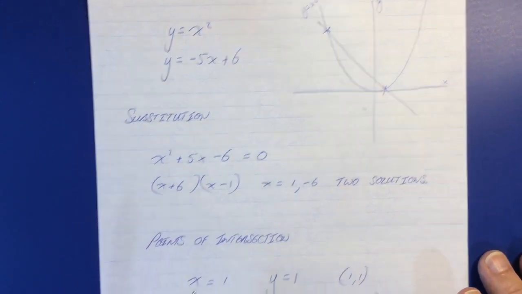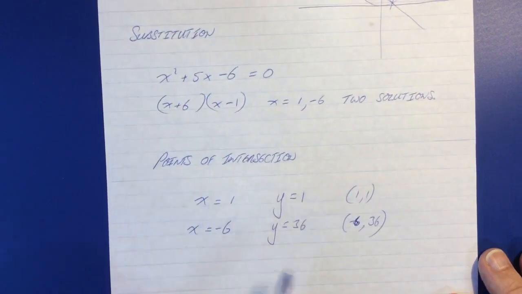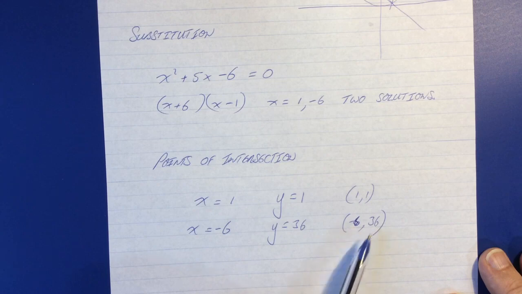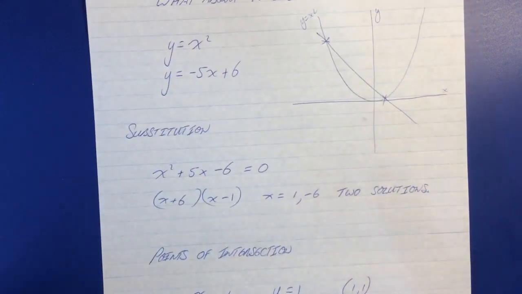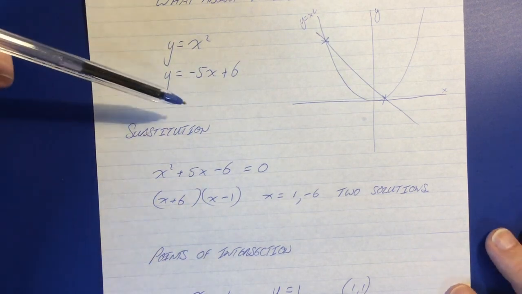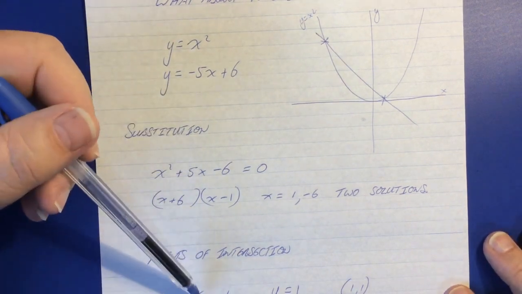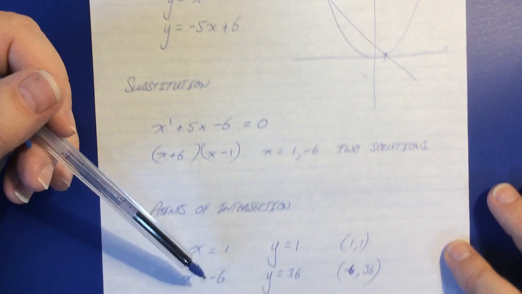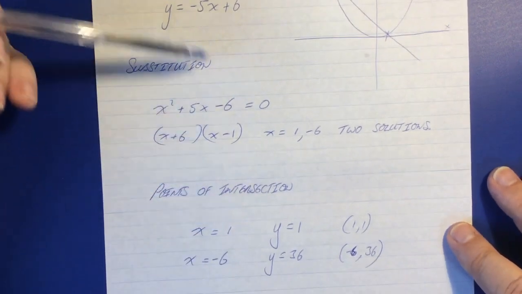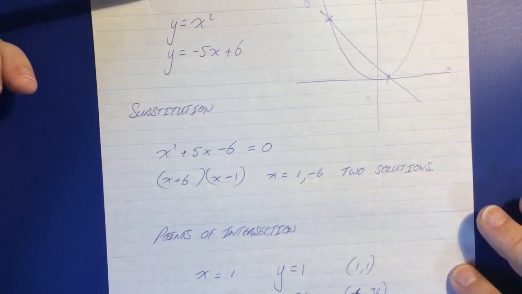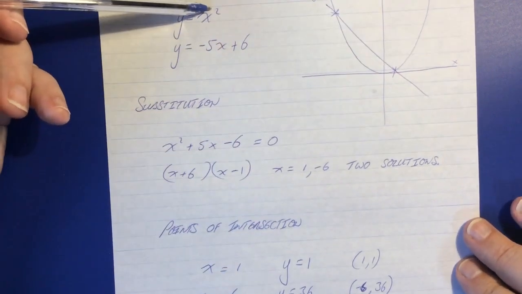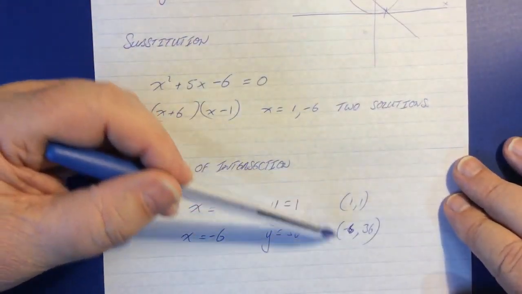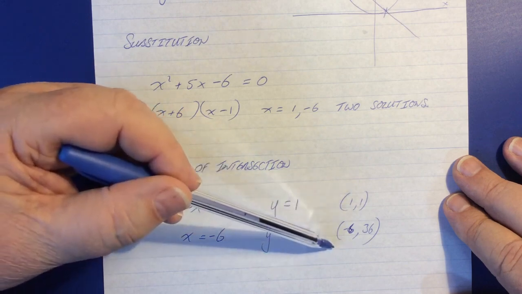Okay, so what are the points of intersection? Well, they are 1, 1, and, badly written, negative 6, 36. How did I get those? Well, I got a little bit lazy. I didn't bother putting it into both equations. I put 1 into y equals x squared, and I put negative 6 into y equals x squared, and I got these two points.